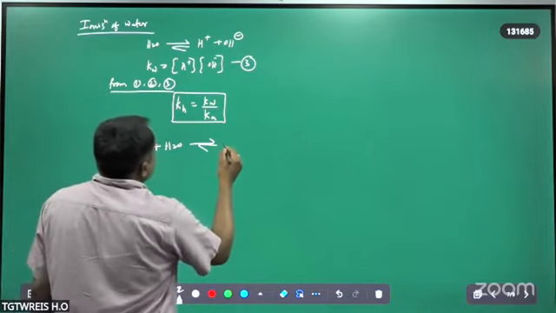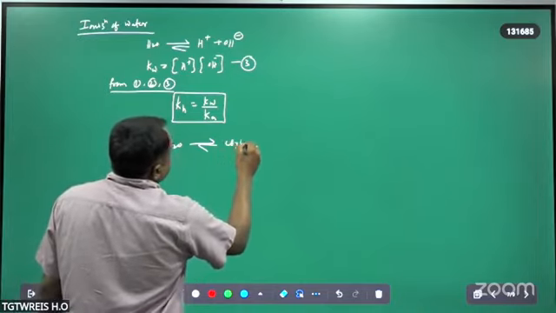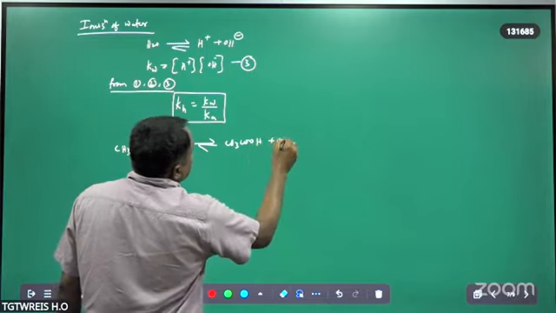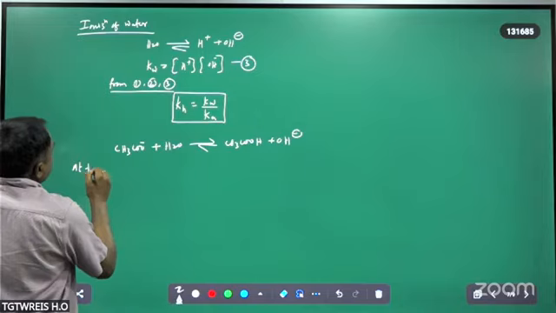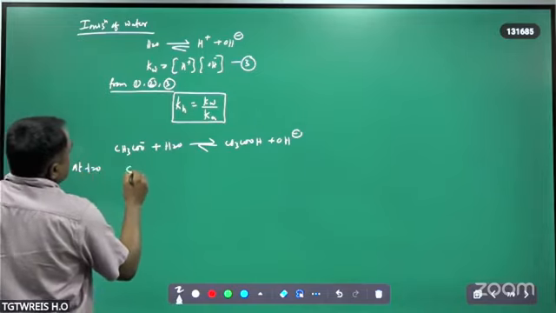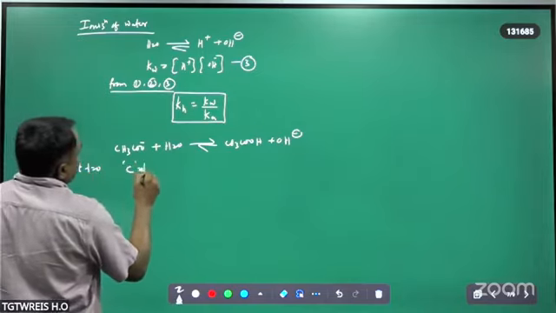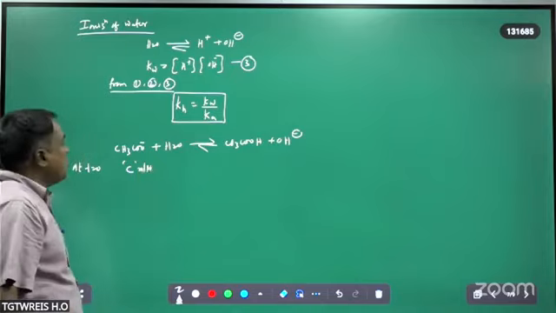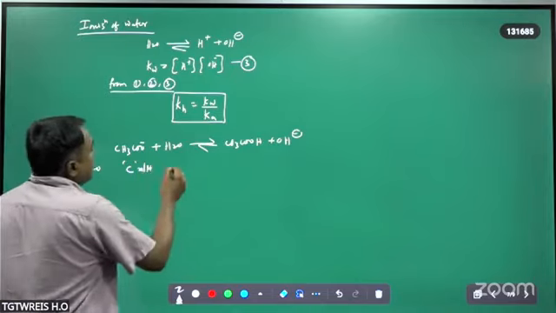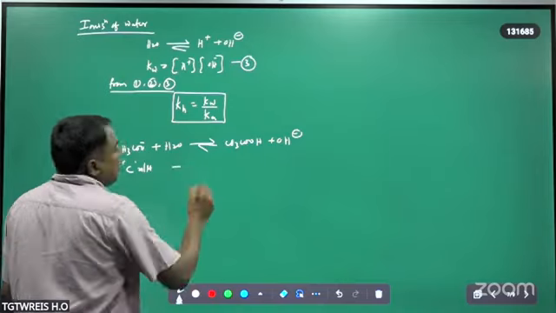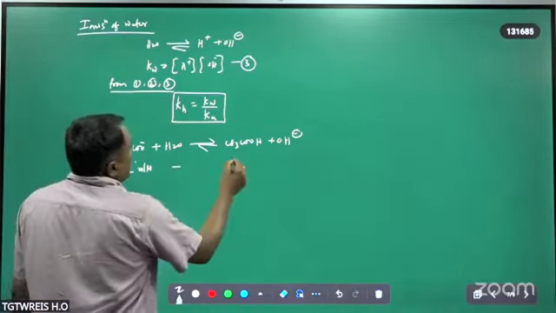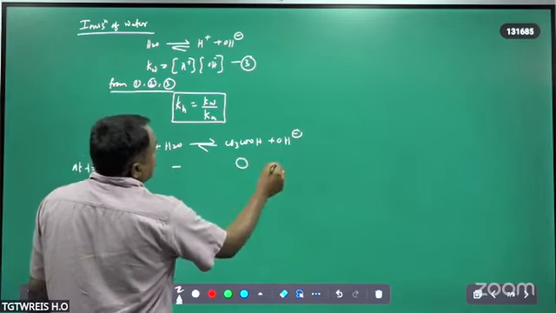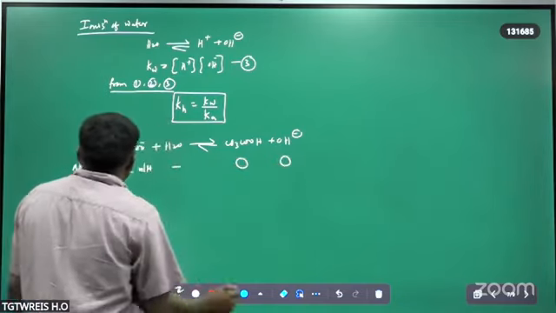Already we have seen this: CH3COO minus, H plus, OH minus. At time t equal to 0, assume C moles per liter of acetate anion, which is in excess and need not affect the equilibria. Initially the other two are 0 moles per liter.